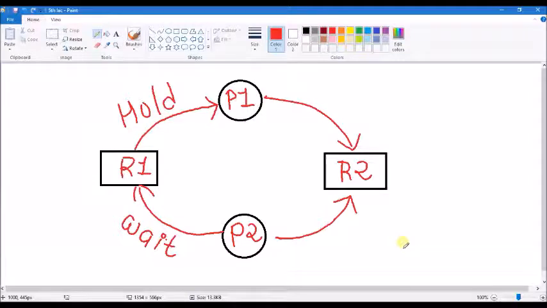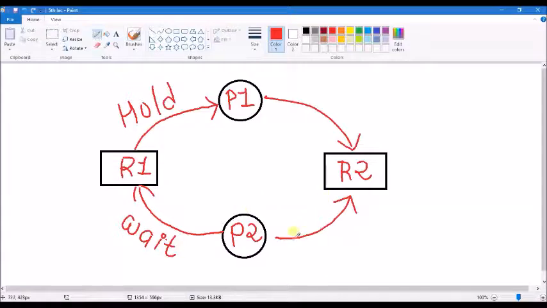Now what we are doing is, suppose there are two processes P1 and P2, both requesting resource R2, and suppose the first request to arrive for resource R2 is from process P2. So first priority is given to process P2, right?